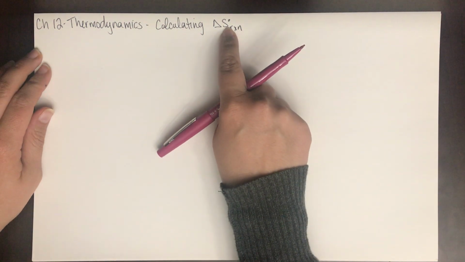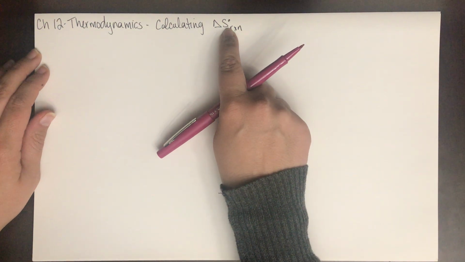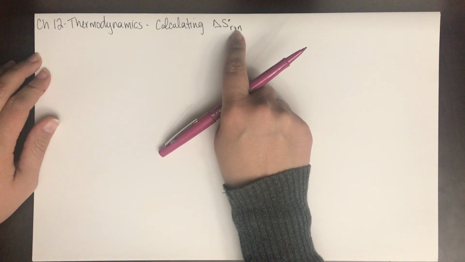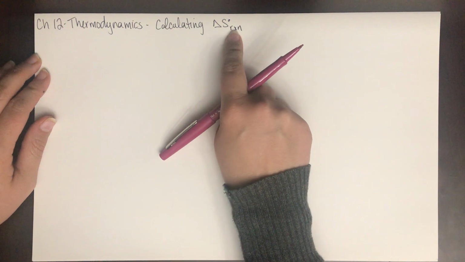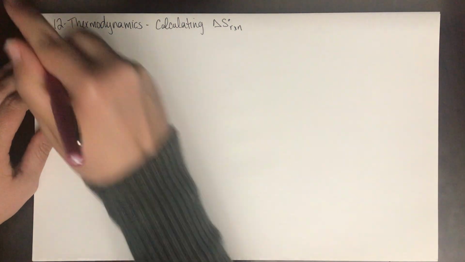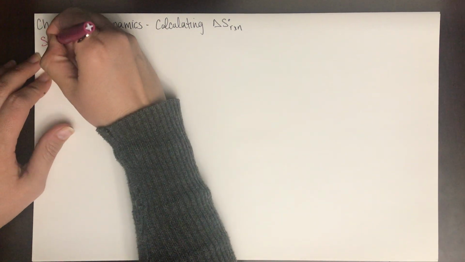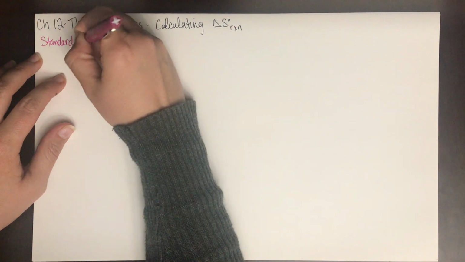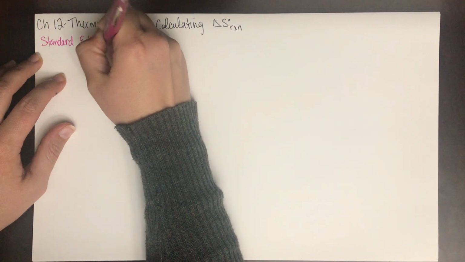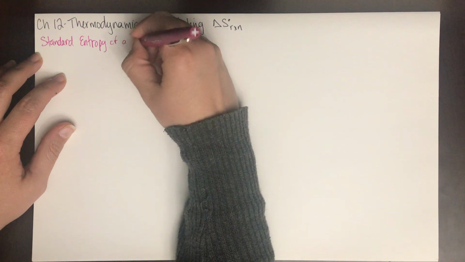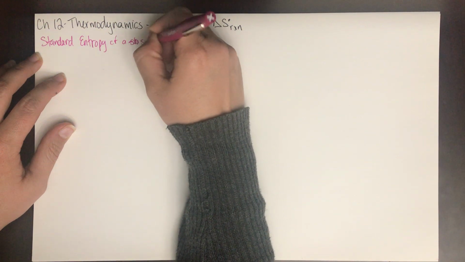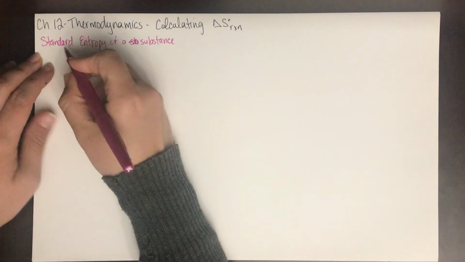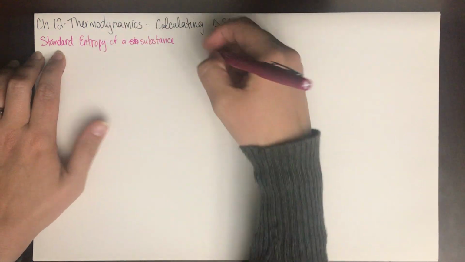So again, remember, delta S is entropy, and we can calculate the entropy change of a reaction using the standard entropy of a substance. And remember, the standard gets that little degree sign.